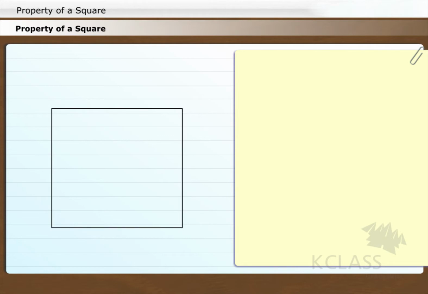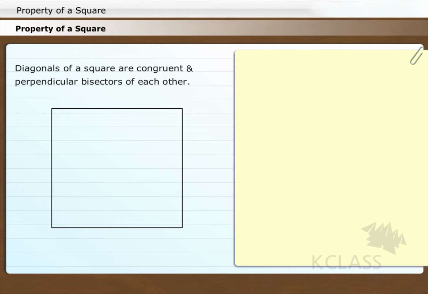This is a square. Can you think why it is different from other quadrilaterals? Look at this hypothesis, which says that diagonals of a square are congruent and perpendicular bisectors of each other. Let us find out whether it's true or not.